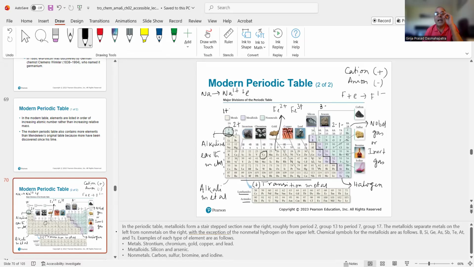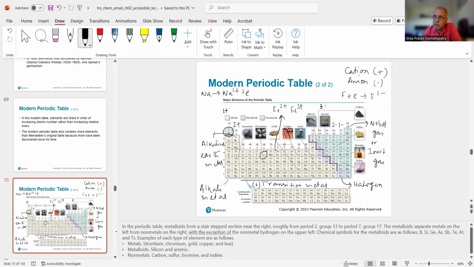So more or less, the periodic table helps you to organize the elements in groups and periods as per their increasing atomic number. And also, the elements which are in the same group are supposed to have similar properties. Mind you, it is similar properties, not the same properties.